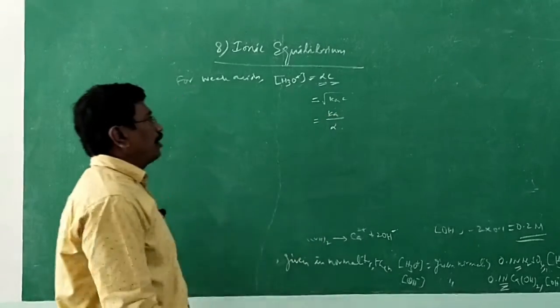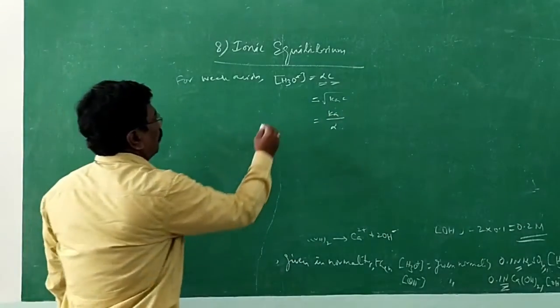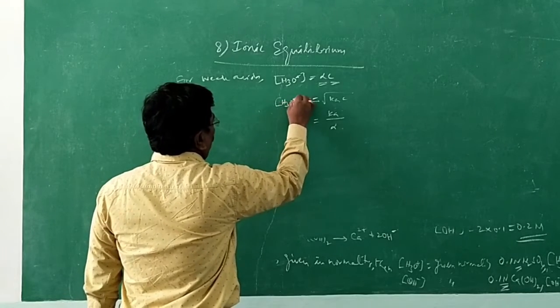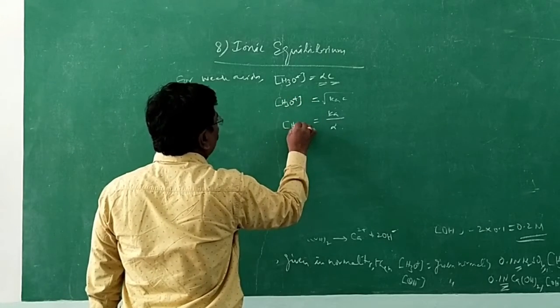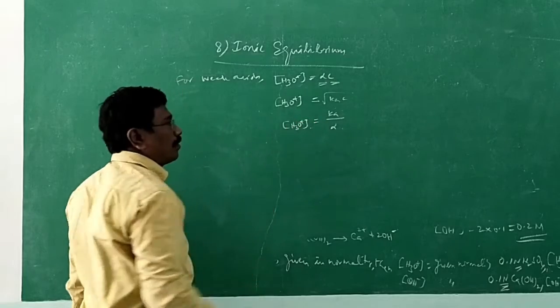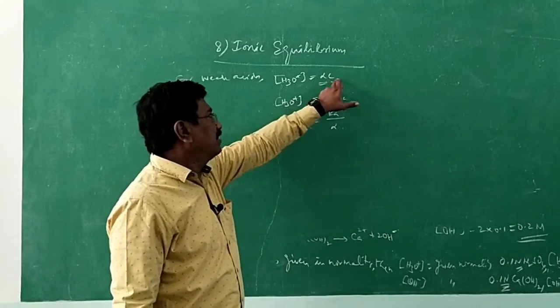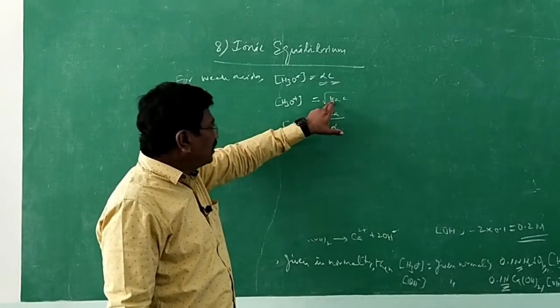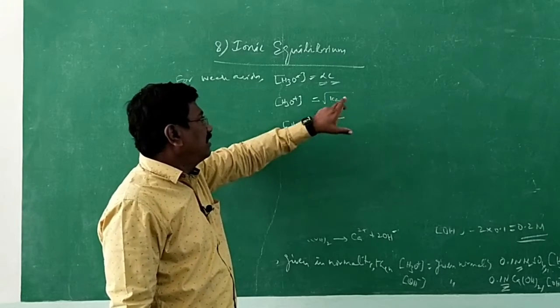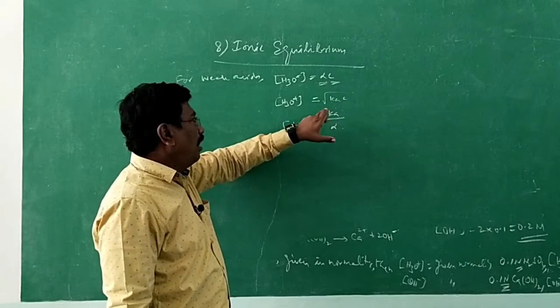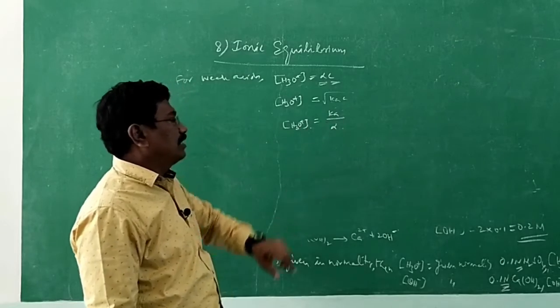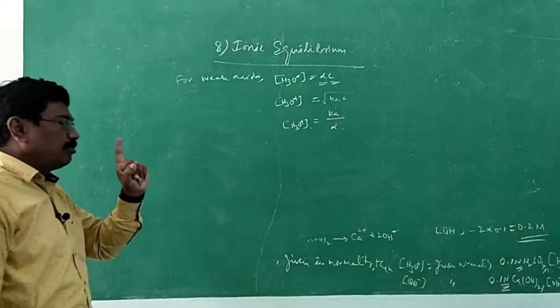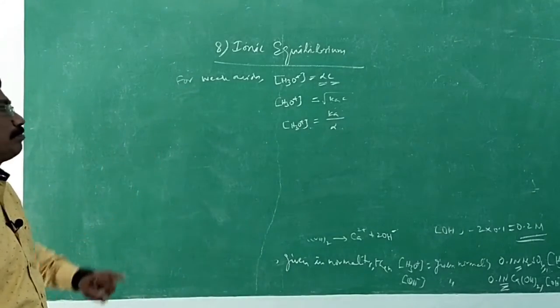These three formulas you can use for weak acids. To get hydronium ion concentration, they should give two data: degree of dissociation and concentration, or dissociation constant of the weak acid and concentration, usually normality, or dissociation constant and degree of dissociation.